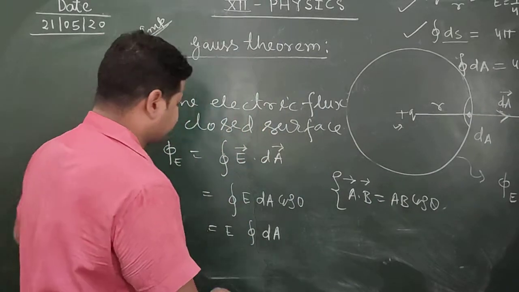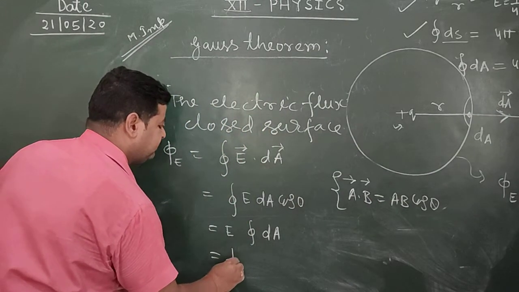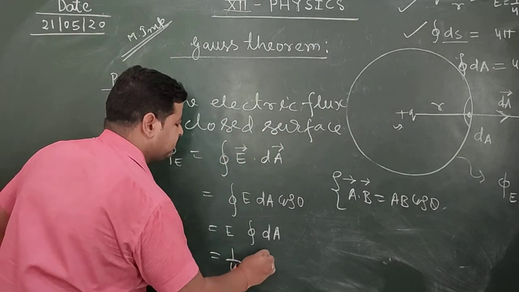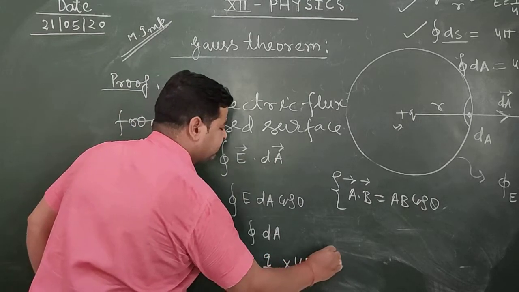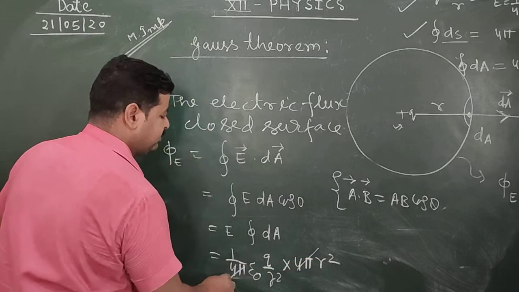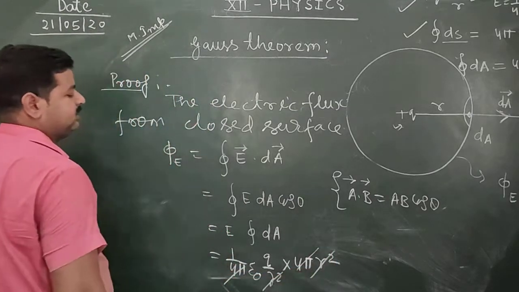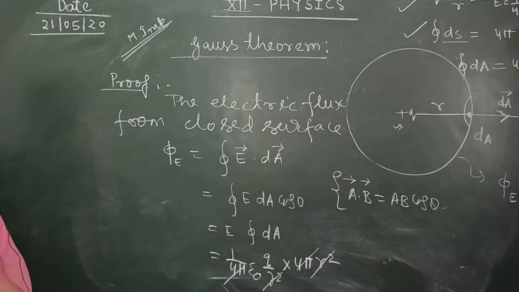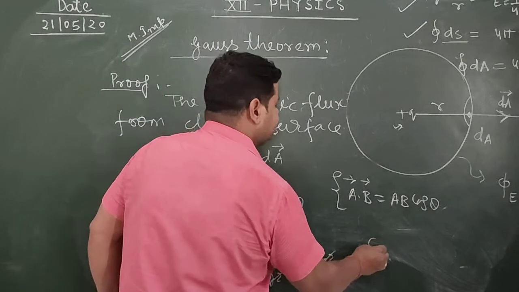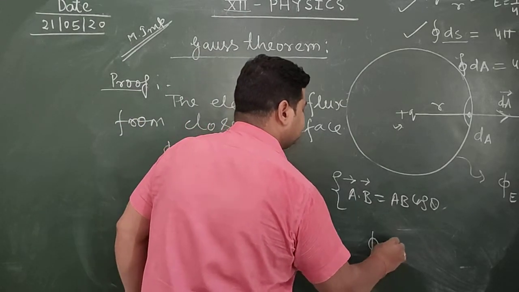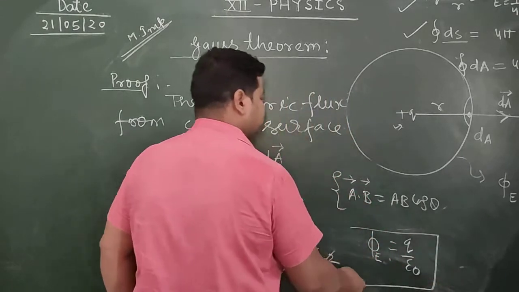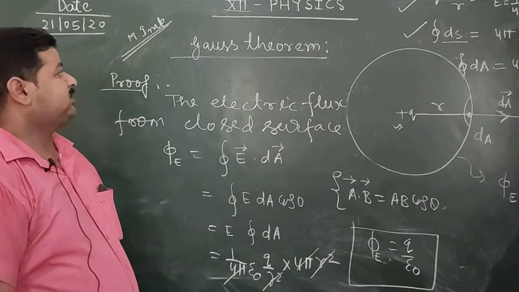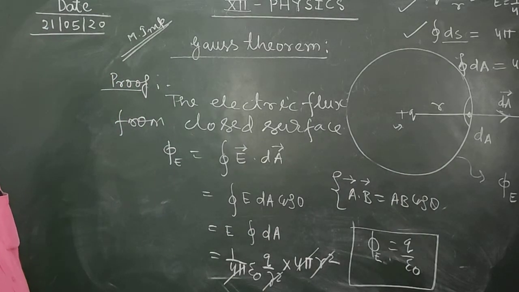So here we write 1 upon 4 pi epsilon naught q by r square multiplied by 4 pi r square. 4 pi r square cancel each other. So finally we get phi is equal to q by epsilon naught. This is the statement or expression of the Gauss theorem.